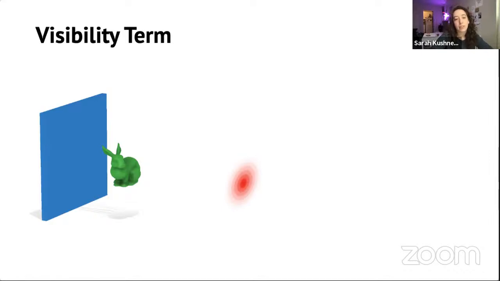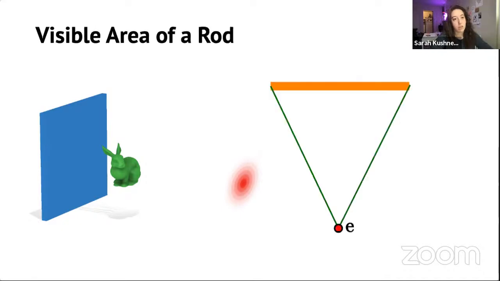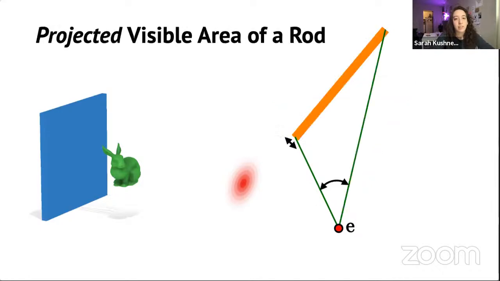So to do this, we're going to give each rod a scalar visibility value. And because we can't see the entire surface area of a rod from a viewpoint, we see only the part that's facing us. We want to compute the visible area of a rod. And this is just the length of the rod times the thickness of the rod. But this is not always what we see.